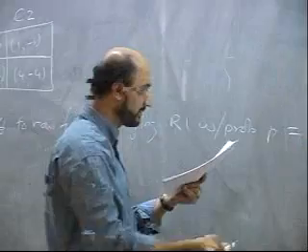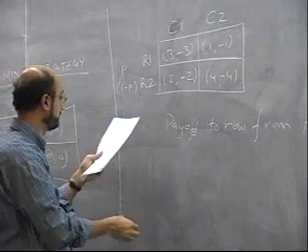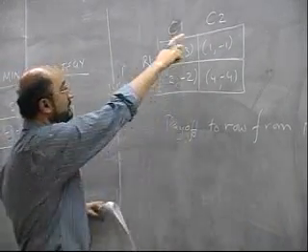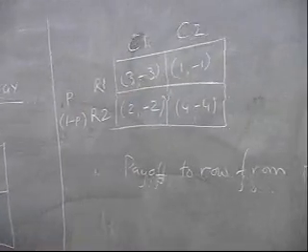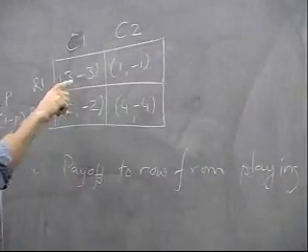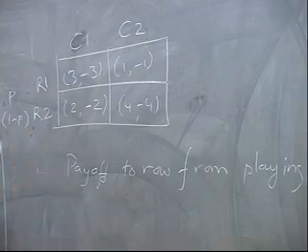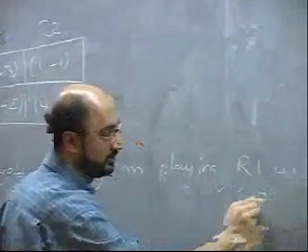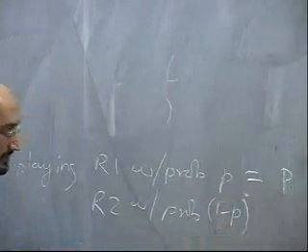Okay, this is nothing more than P times... so if the column can play either C1 or C2, we don't know what it is going to do.